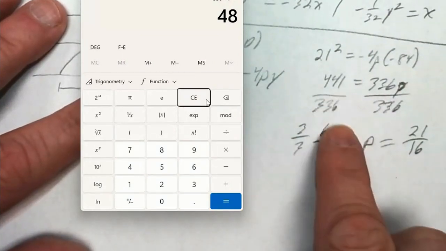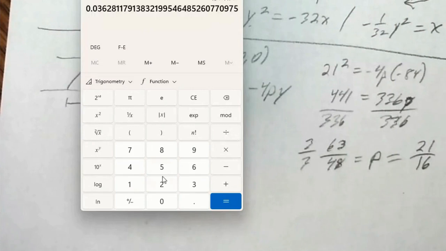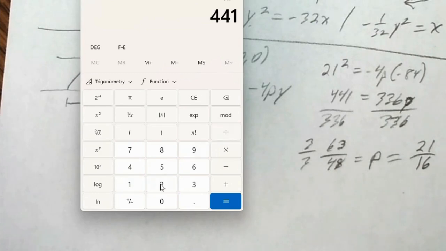So both of these would have divided by 21. Let's try it. 336 divided by 21 is 16, and 441 divided by 21 is 21. So 21/16. That's about as simple as it gets, because 2s, 4s, or 8 don't go into that, and 3 and 7 don't either.